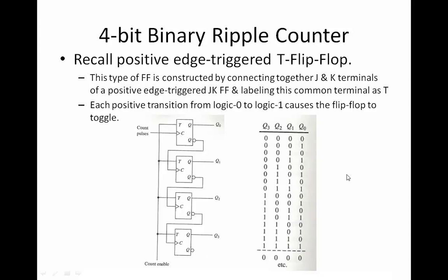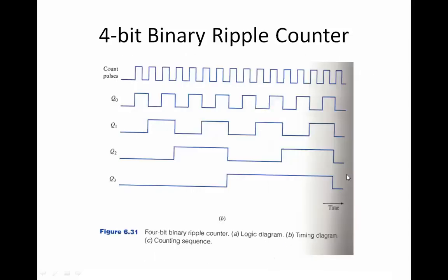Let us understand this properly with reference to a waveform. Now if you see this waveform, these are all our count pulses, moving from low to high values, which means zeros and ones. What you can do here is put a dotted line, or probably a straight line, and try to understand.